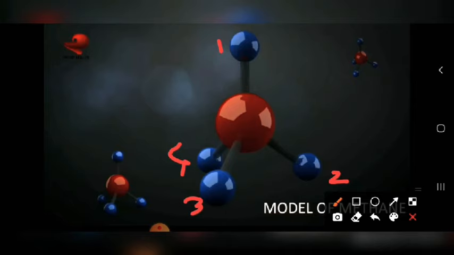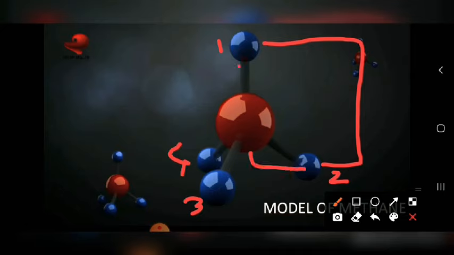If I keep a plane here, you can observe that the first and the second hydrogens are in one plane, whereas the third and the fourth are not in that plane. The third one is above the plane towards you, that is towards the observer, whereas the fourth hydrogen is below the plane, that is away from you, away from the observer.